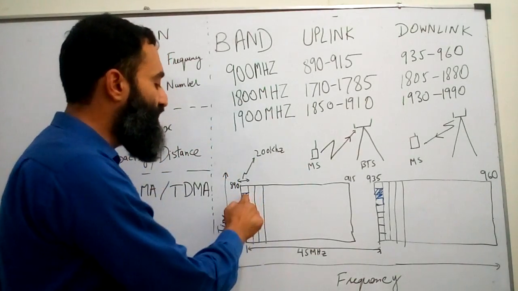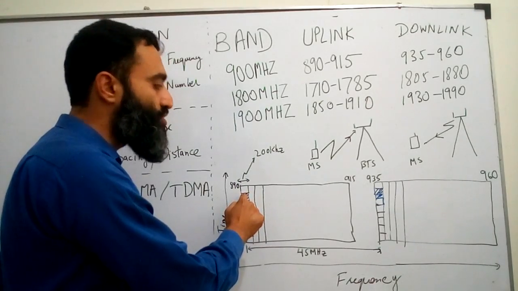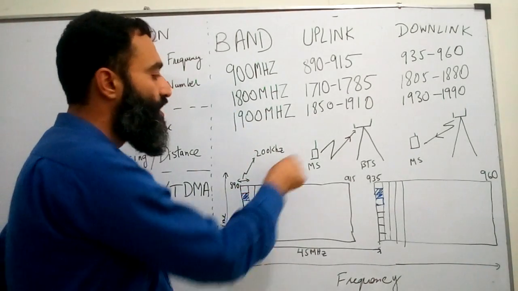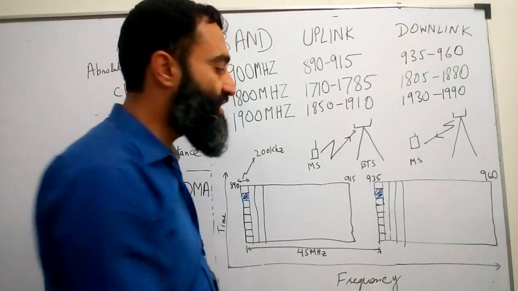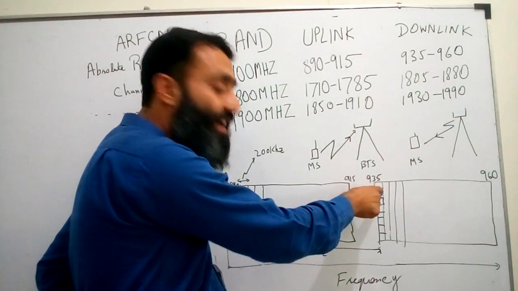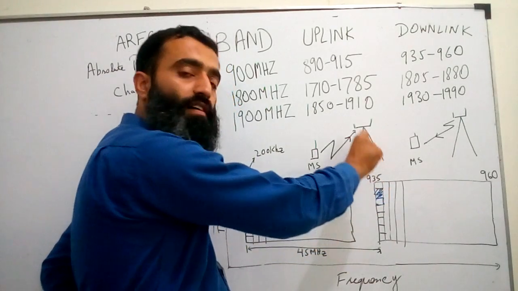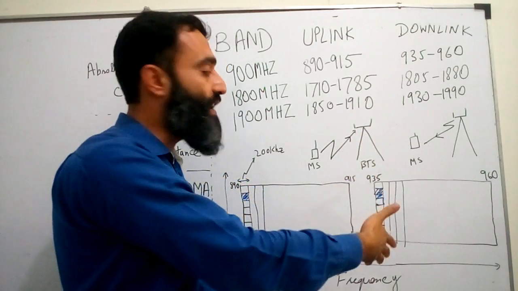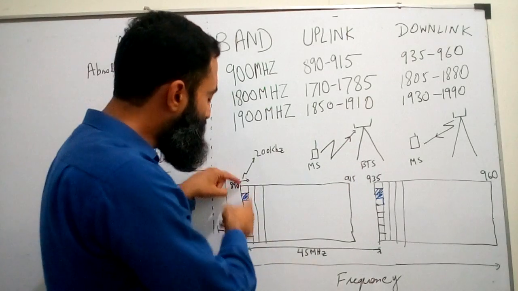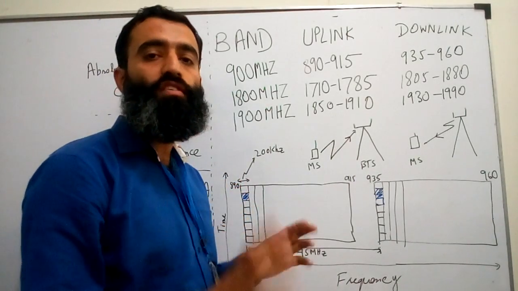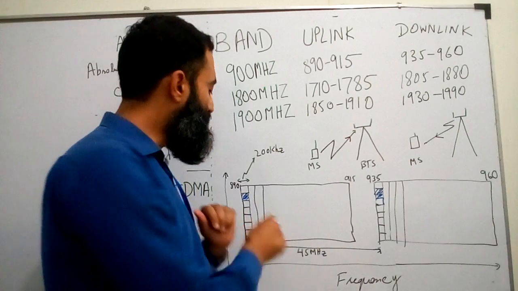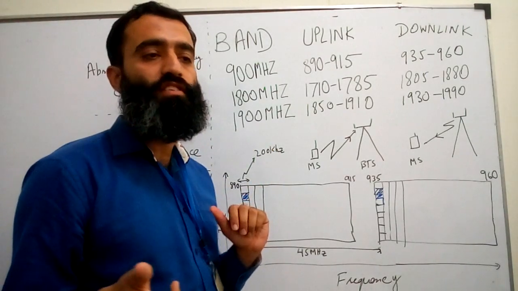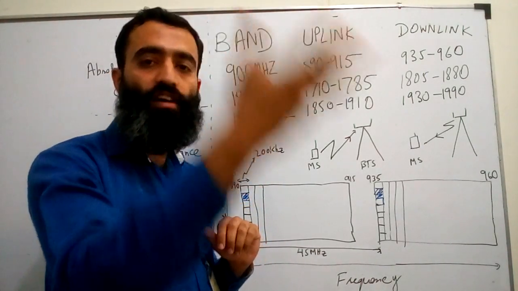For example, we assign the second time slot in the uplink for the first uplink downlink pair to this mobile. Then we will also assign the second time slot of the first downlink radio channel to this user, and the rest of the 7 time slots in the uplink and the downlink for the first 200 kHz uplink or downlink frequency can then be assigned to 7 other users.